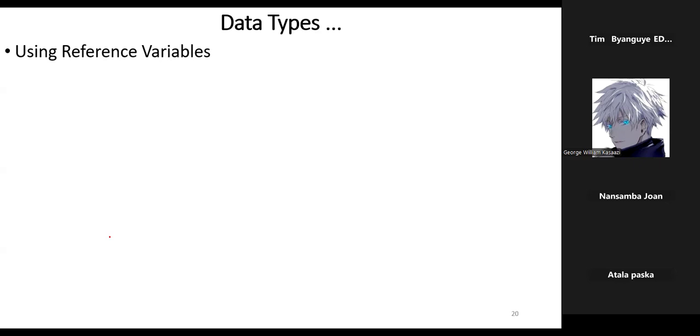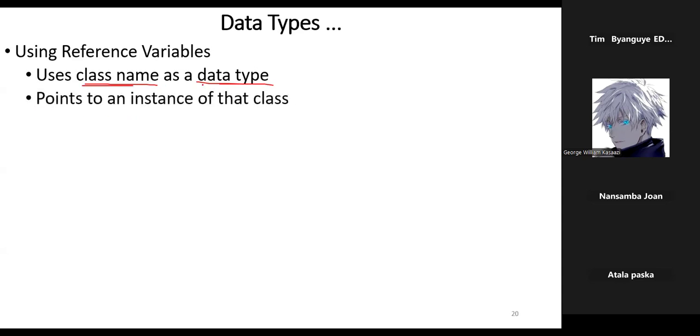Let's continue and see how we actually use these reference variables. At all times, when you're using someone else's class, you're going to get that class name and it becomes the data type. And what this variable is going to be doing is pointing to an instance of that class.